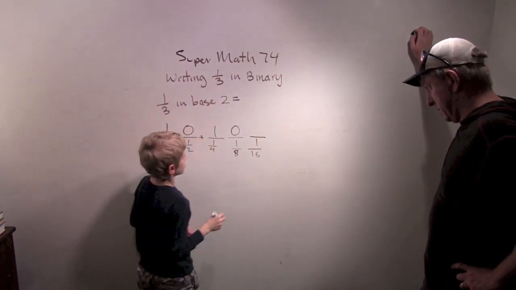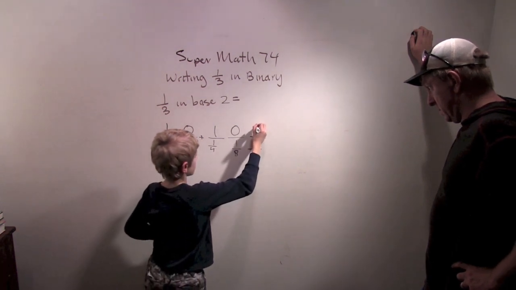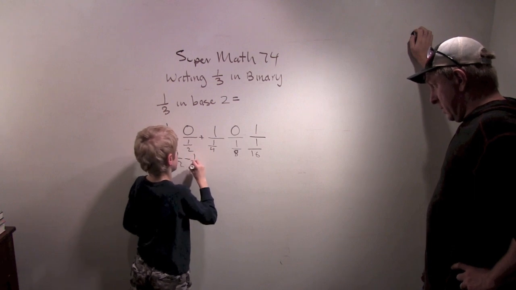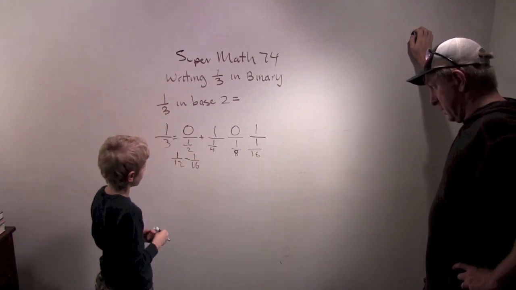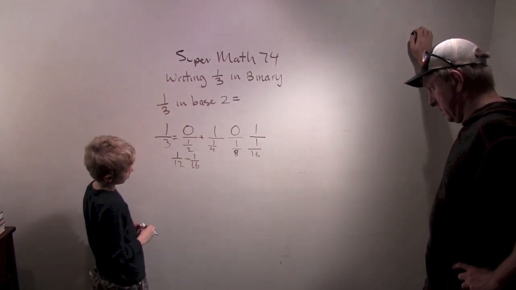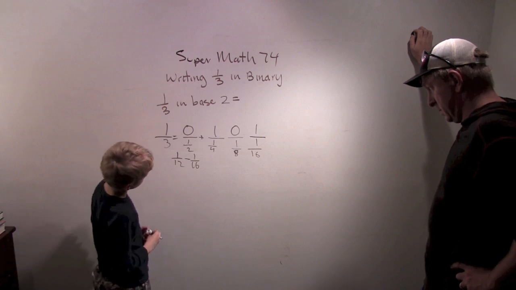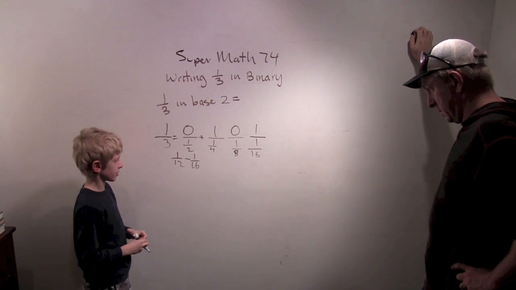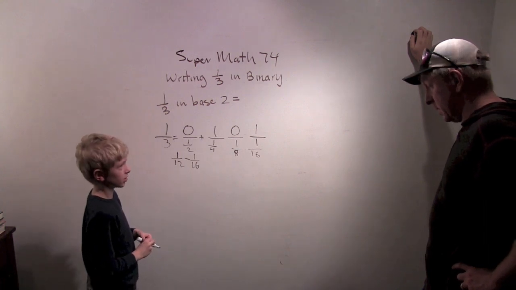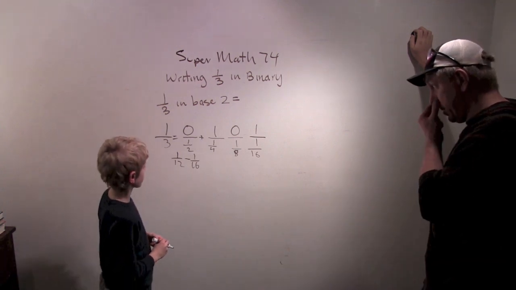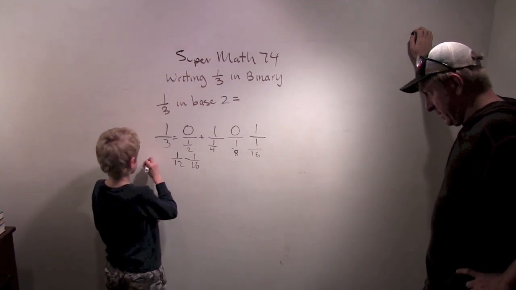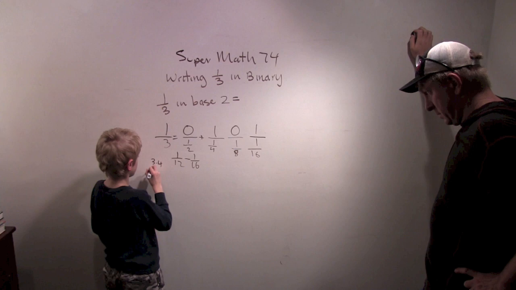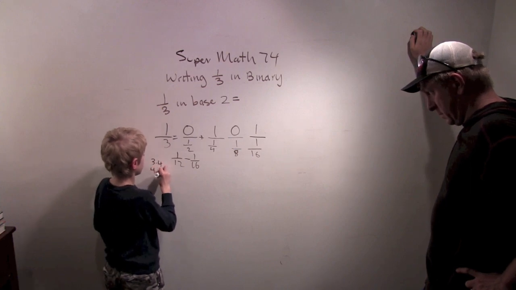16th. Looks like we can use this. We get 1/12 minus 1/16. What is the common denominator? Well, the bottom is 3 times 4, and this is 4 times 4.